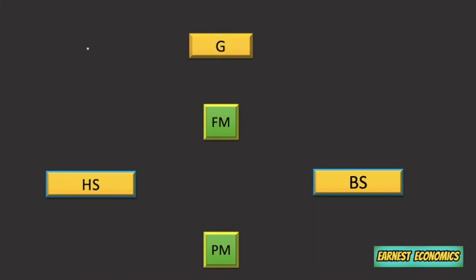Now, one final point that we need to keep in mind with regard to the three sector model circular flow of income is how do we measure national income? We saw in the two sector model there are three ways of measuring national income. One is the expenditure method, in which we see what are the total sources of expenditure in an economy. In this case there are three main forms of expenditure.